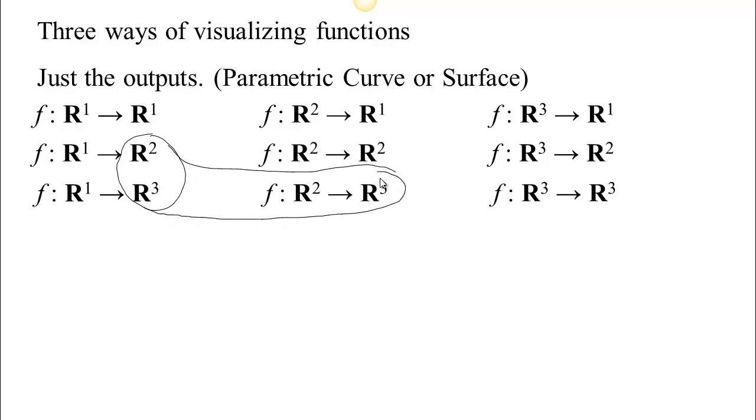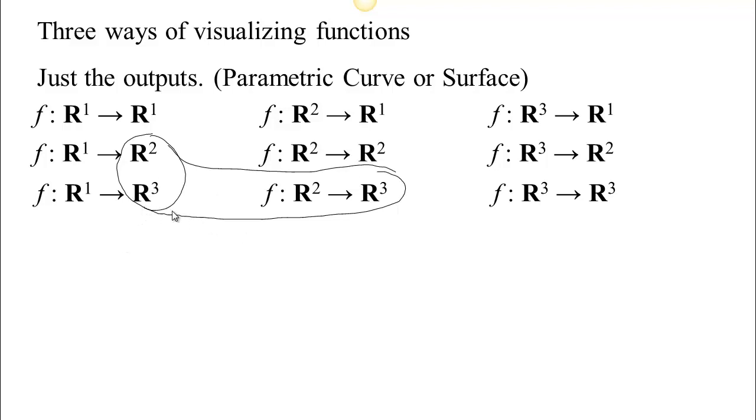When you have as many inputs as outputs, then all of the outputs of the function are likely to fill up a volume in the space, or to fill up sort of a region that's kind of hard to see. But when the number of inputs is less than the number of outputs, and you just focus on looking at the outputs, then you can see some interesting things.